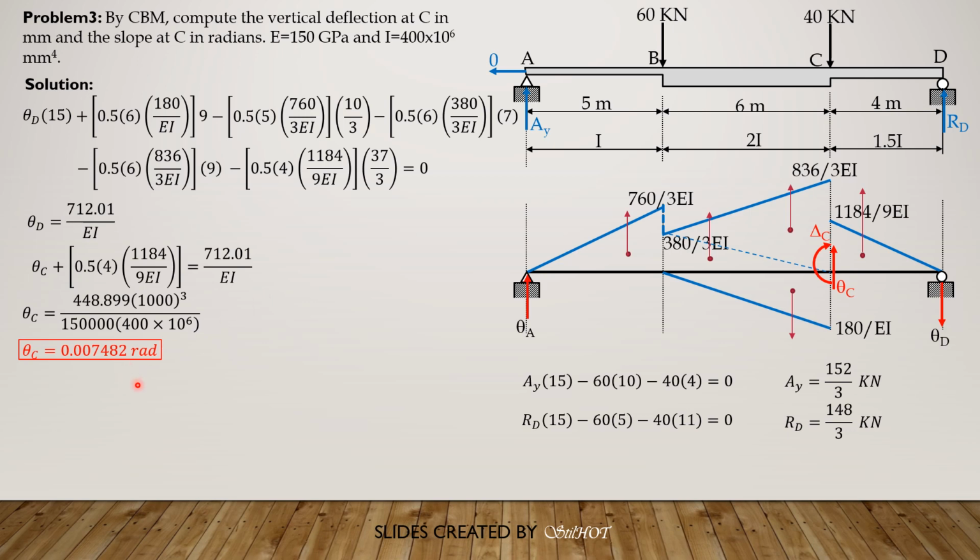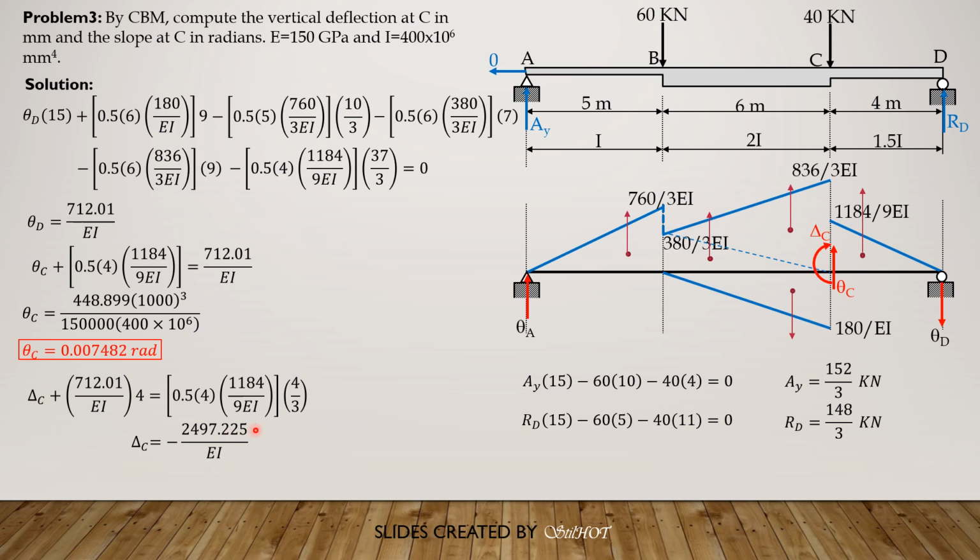For delta C, summation moment about C equals 0, clockwise positive, so delta C plus theta D times 4, so delta C plus theta D, which is 712.01 over EI times 4, equals the moment of the triangular load, 0.5 of 4 times 1184 over 9 EI times 4/3. Solving for delta C is negative 2497.225 over EI.